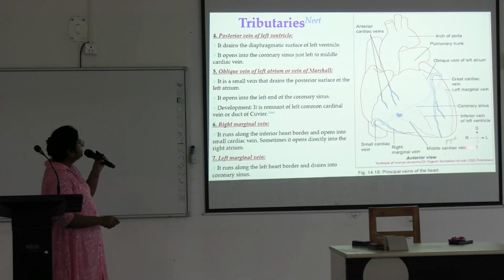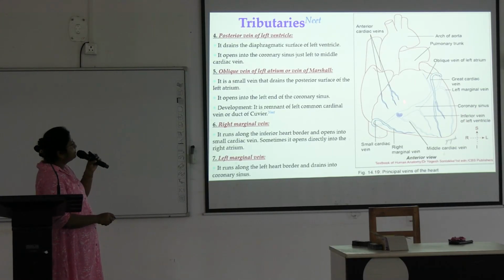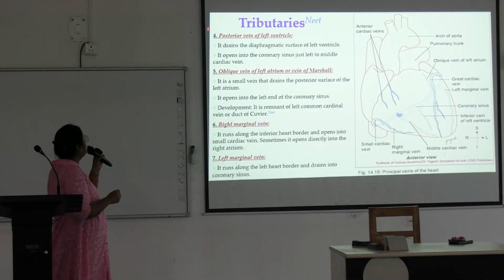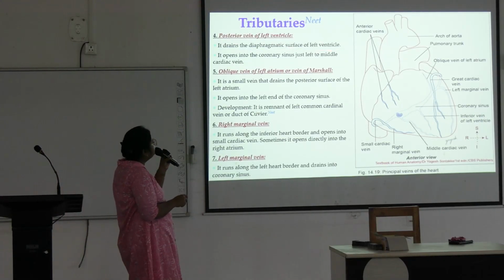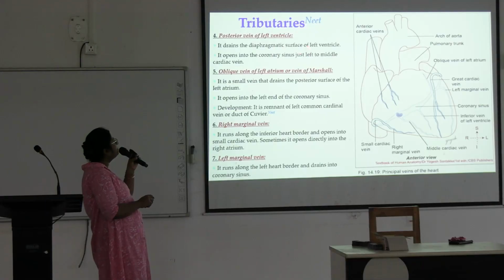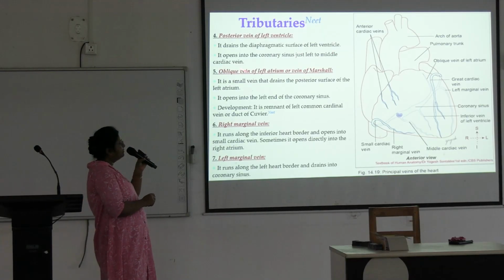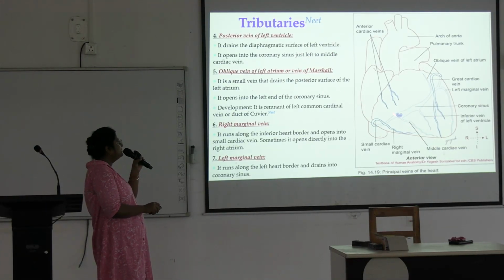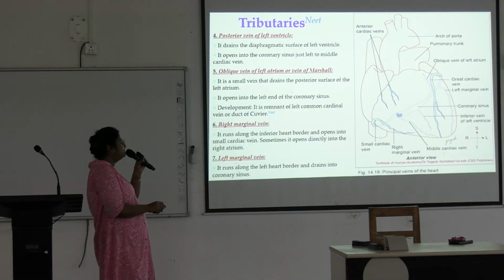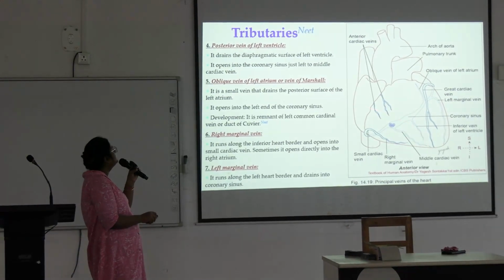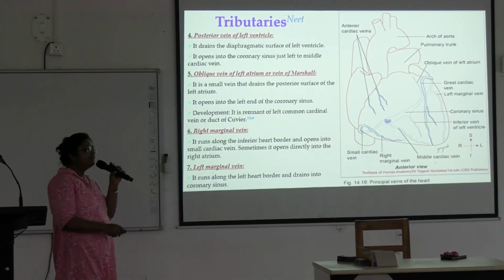Okay, so this is the inferior vein, the posterior vein of the left ventricle. It drains the diaphragmatic surface of the left ventricle and opens in the coronary sinus, just left to the middle cardiac vein. Here is the middle cardiac vein, and left to it is the posterior vein of the left ventricle.